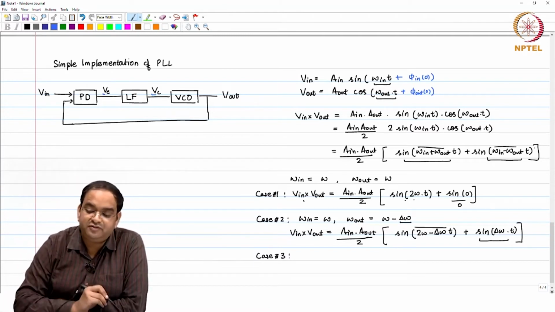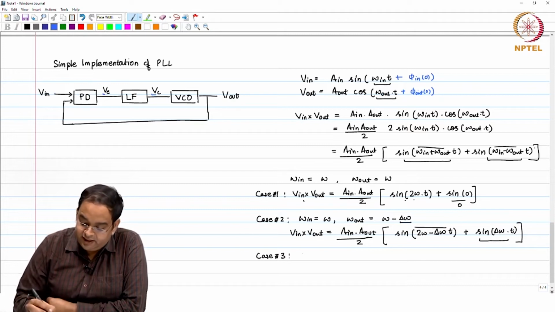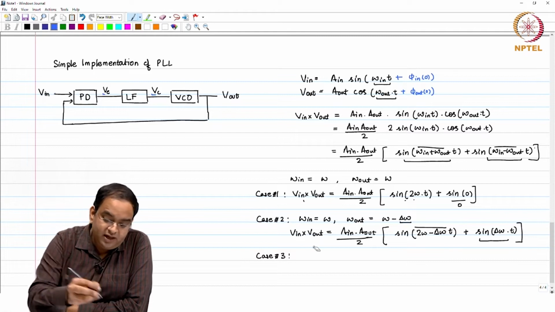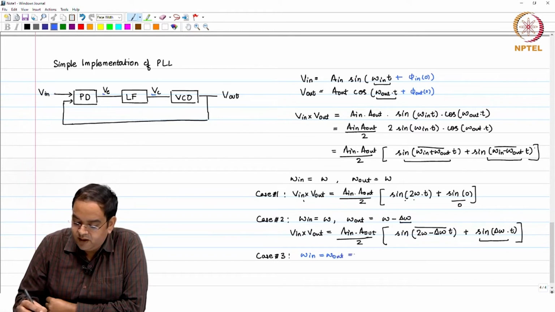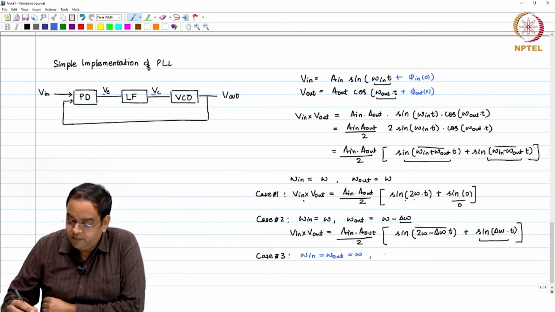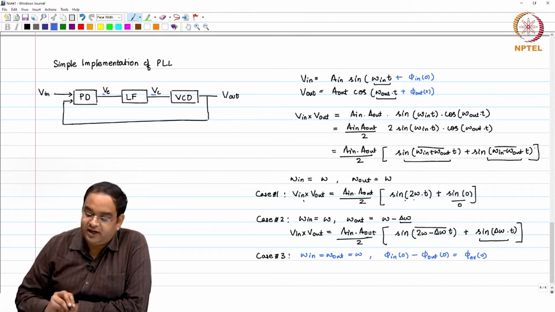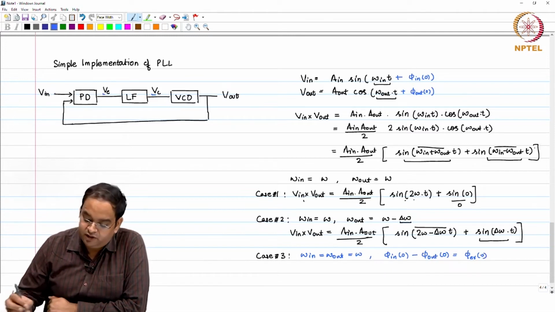So, you have some phase offset here. In that case, I assume that omega in is equal to omega out is equal to omega, but phi in 0 minus phi out 0 is non-zero, so I have phi error of 0.